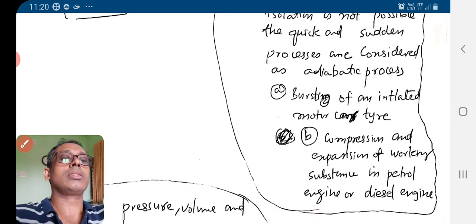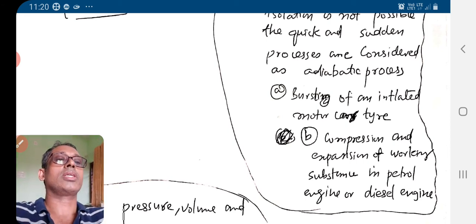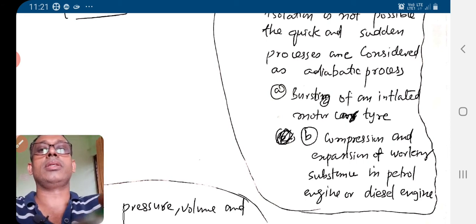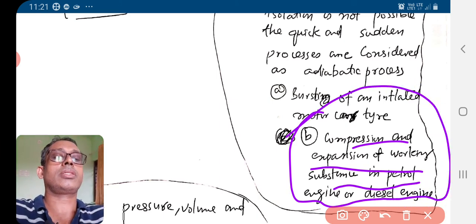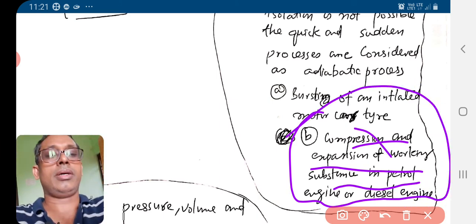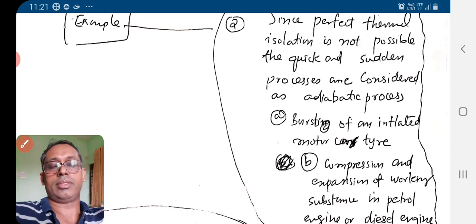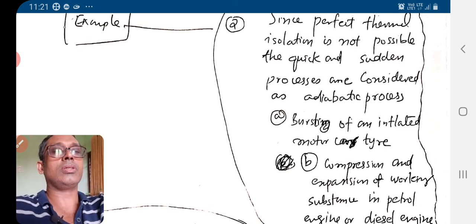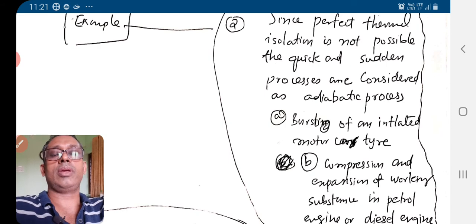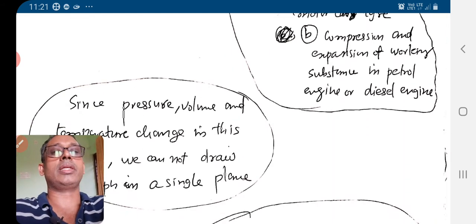Then compression and expansion of a working substance in a petrol engine or diesel engine is another example of an adiabatic process. In an engine, the piston is continuously moving at a very fast rate.